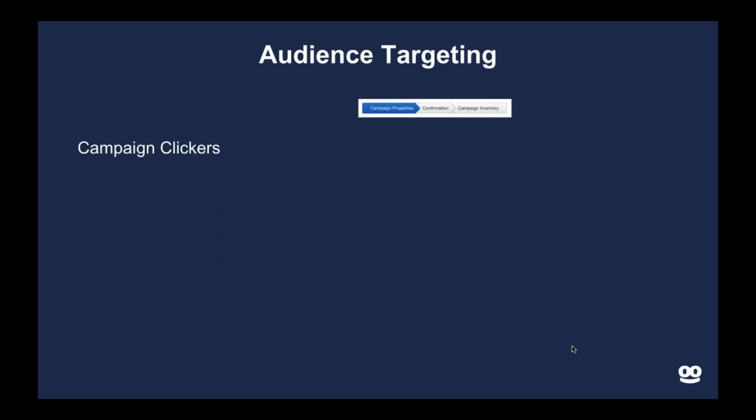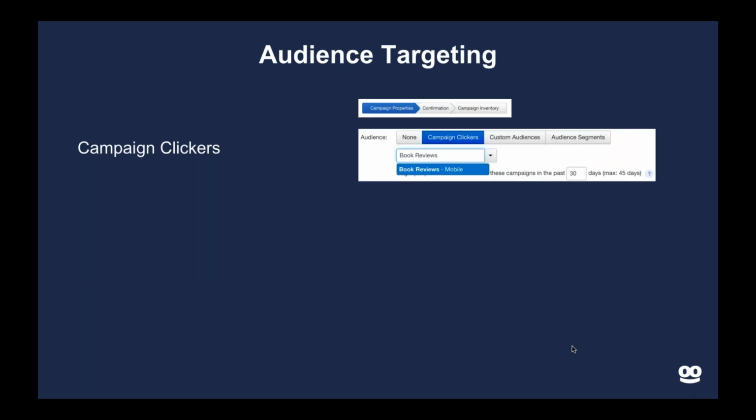Next, we will get into the audience targeting. You have several options available to you here. First, we'll look at campaign clickers. Campaign clickers gives you the opportunity to retarget users who have clicked on one of your previous Taboola ads. In the screenshot shown here, Book Reviews Mobile would have been a previous campaign already made and run on the website.